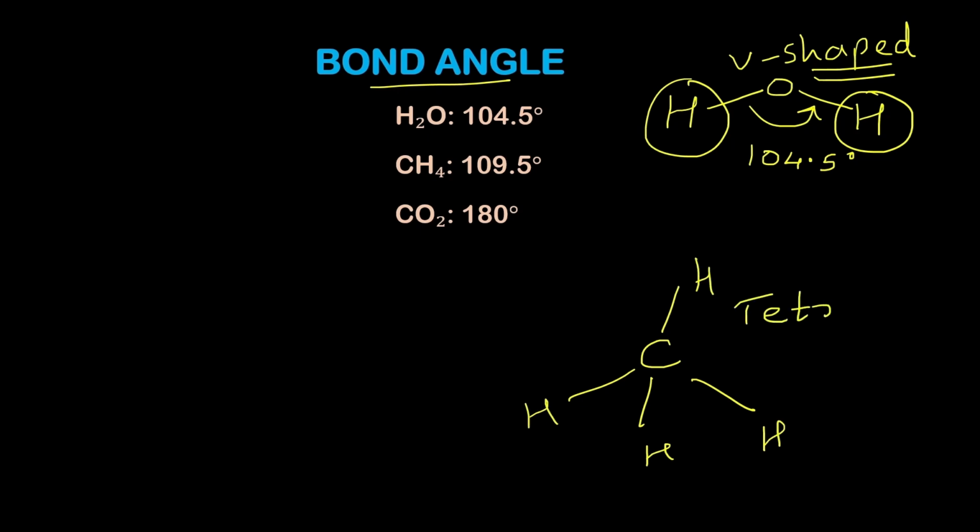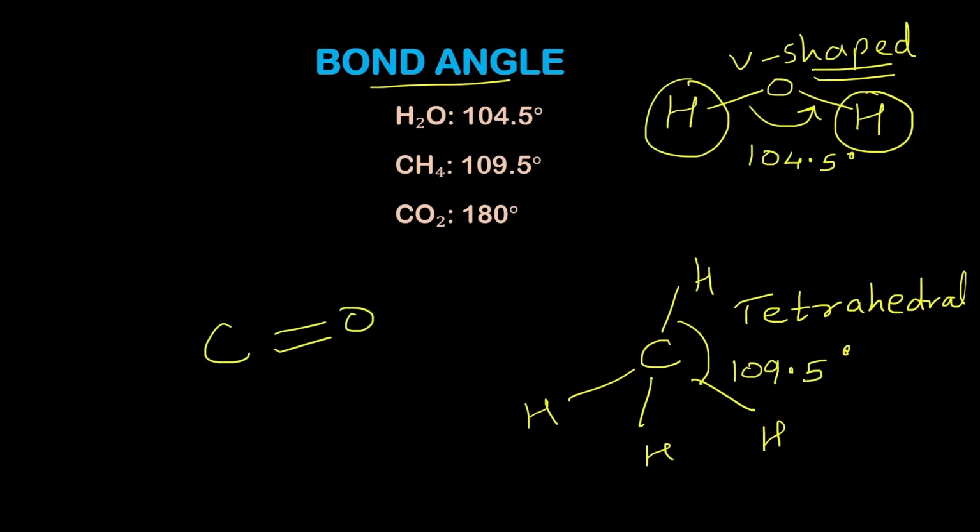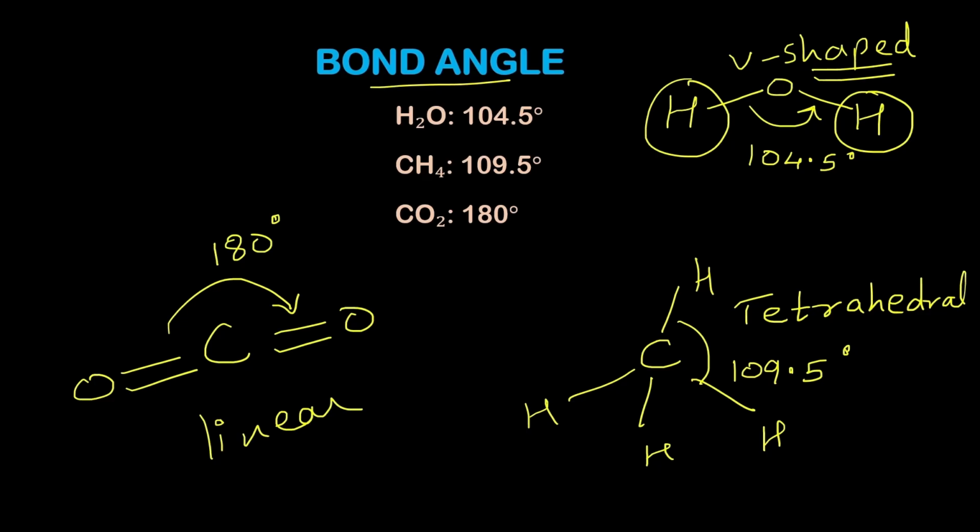A tetrahedral shape in that case shows us a bond angle of 109.5 degrees. Whereas carbon dioxide shows us a perfect linear shape marking a bond angle of 180 degrees. So that is the bond angle for different molecules.